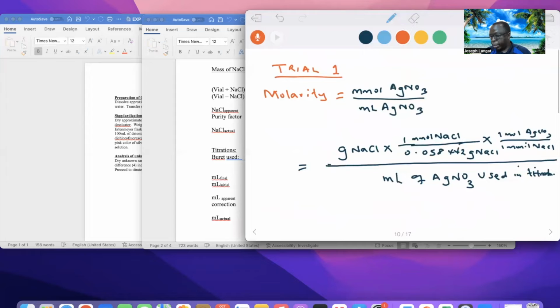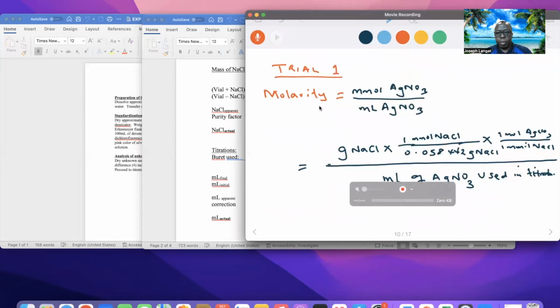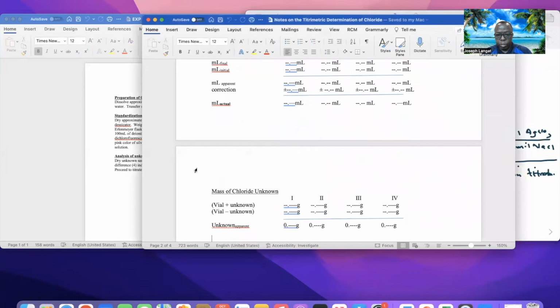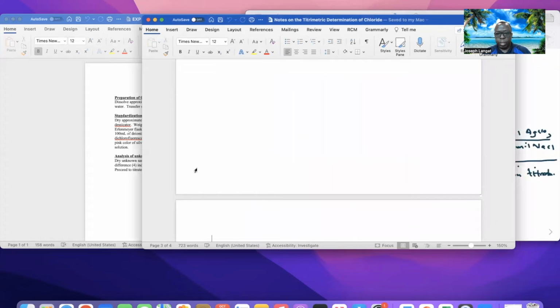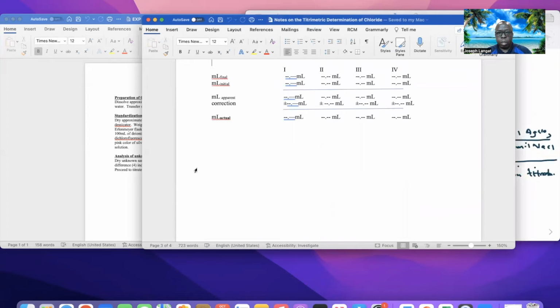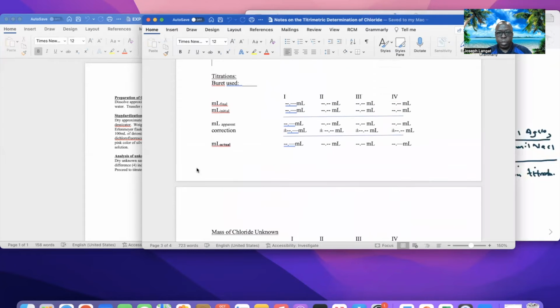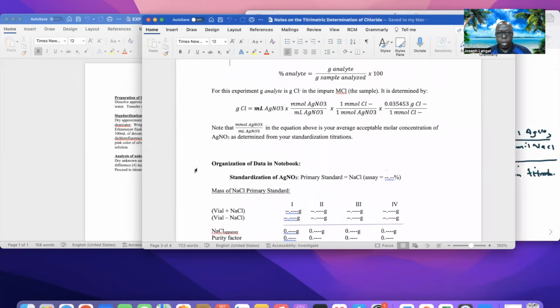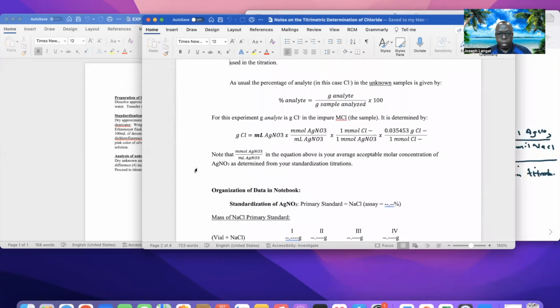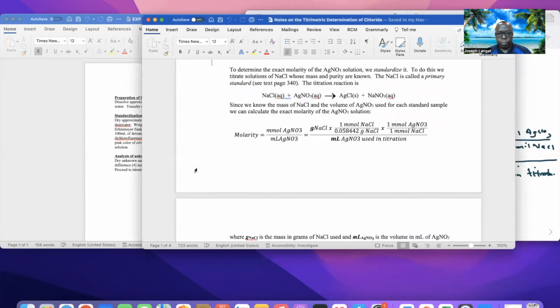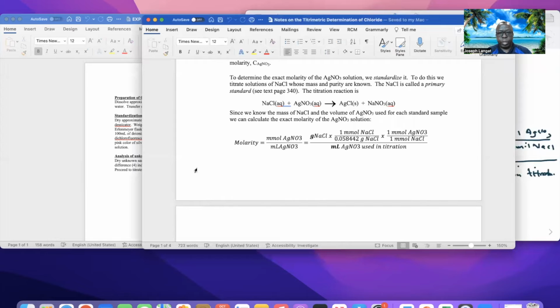To get the molarity, it's given, or you will use this equation. Let me go back and see. There is an equation here which you need to understand, how it is used in determining the molarity of silver nitrate.